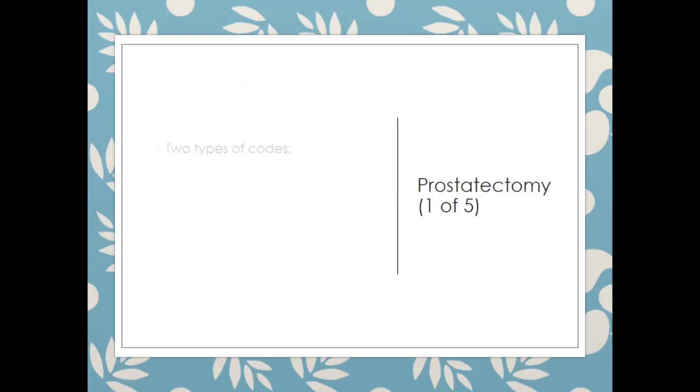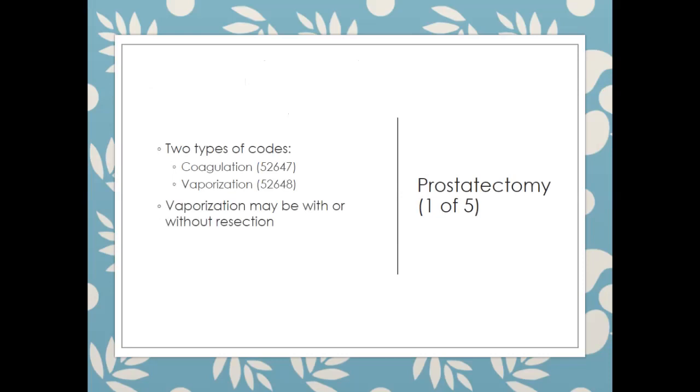A prostatectomy. Okay, so there are two types of codes: coagulation, 52647, and vaporization, 52648. Vaporization may be with or without resection.